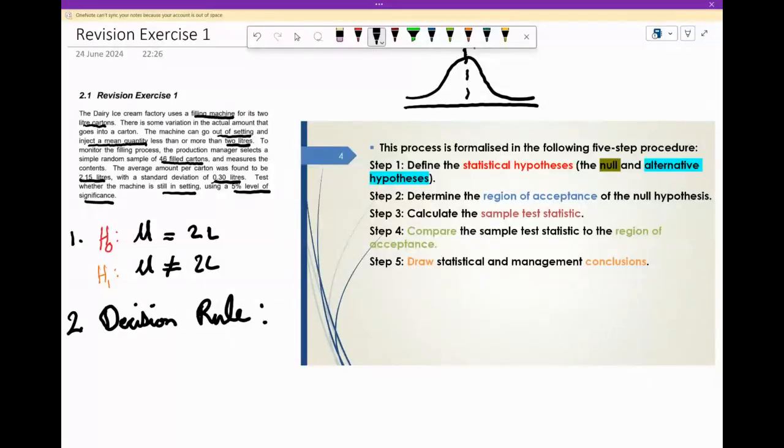I said it's either equal to or not equal to, so that's 100% it.